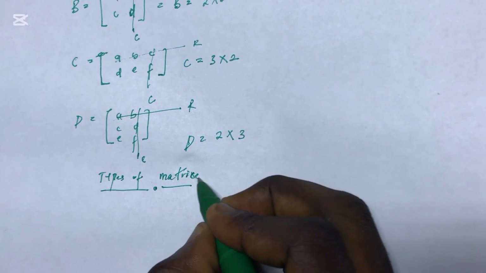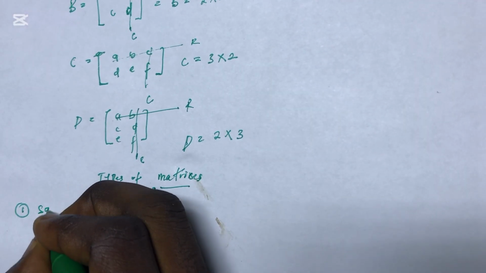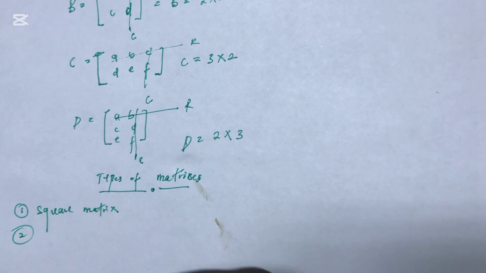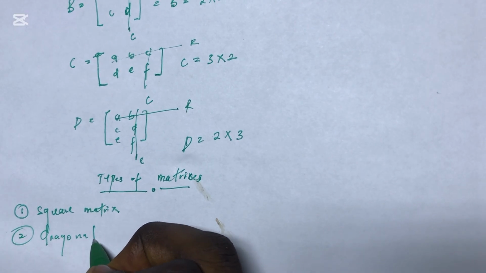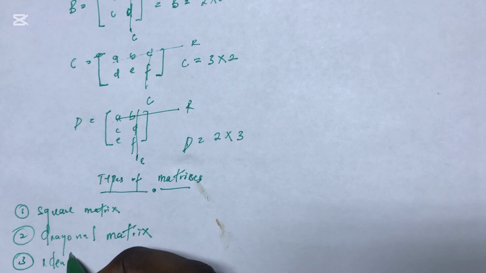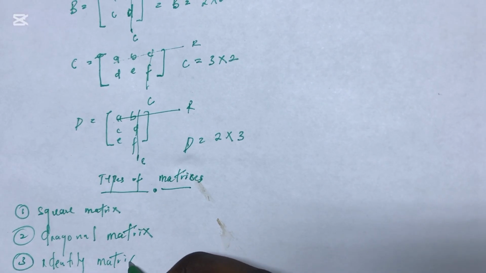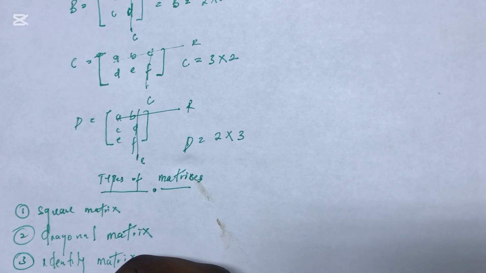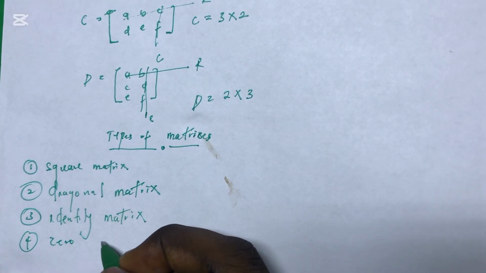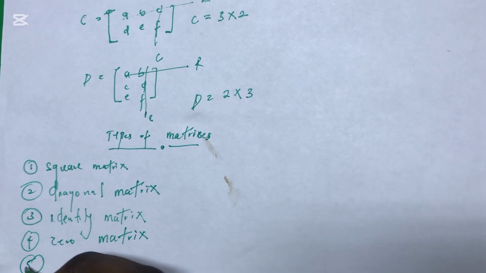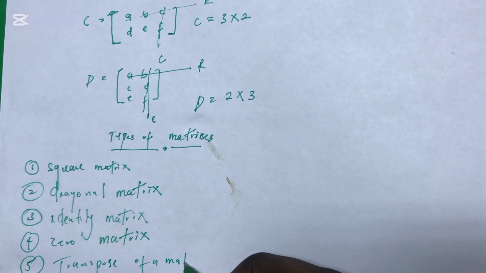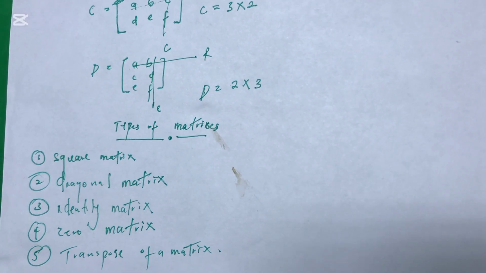We have a square matrix, a diagonal matrix, an identity matrix, a zero matrix, and the transpose of a matrix too.